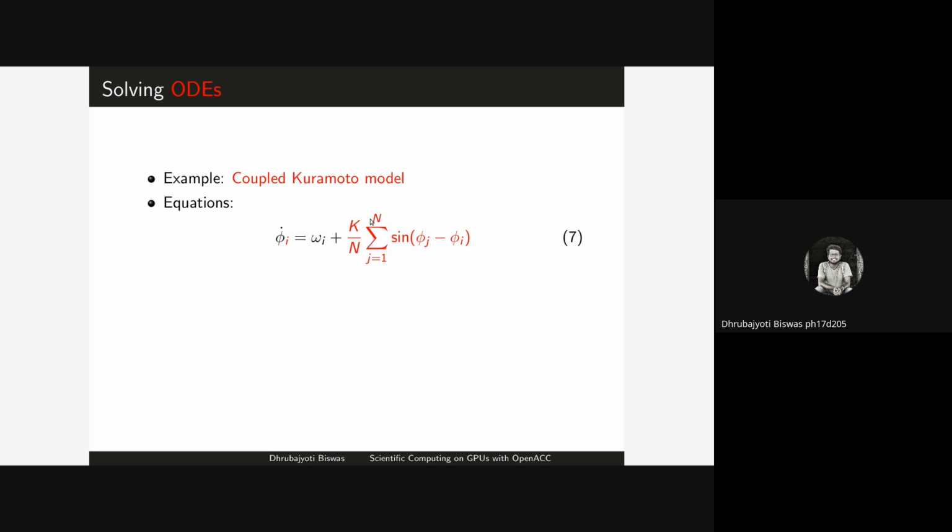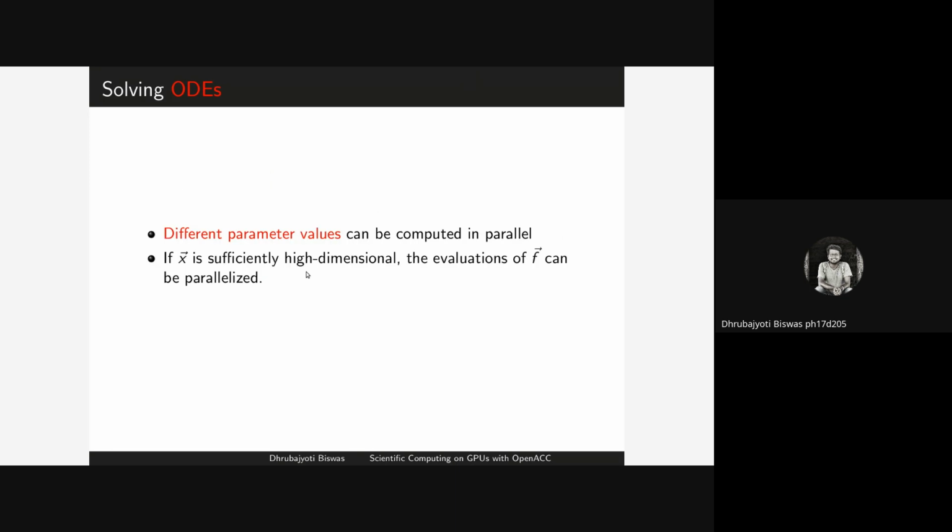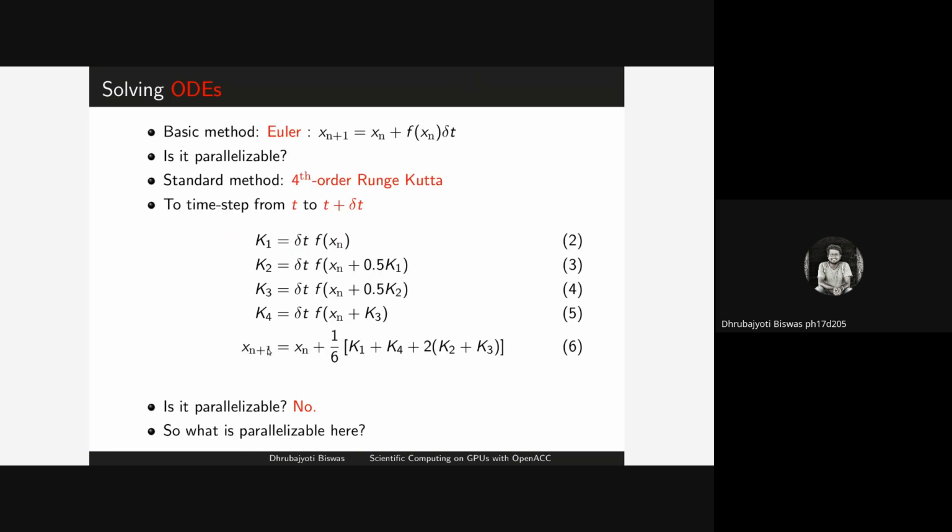I have missed this notation, but this k is the coupling strength. I will tell why it is important a bit later, but this k is not the same as the other k I used in the previous slide. So, once your k1, k2, k3 and k4 are calculated, all these updates can be done in parallel, number one.